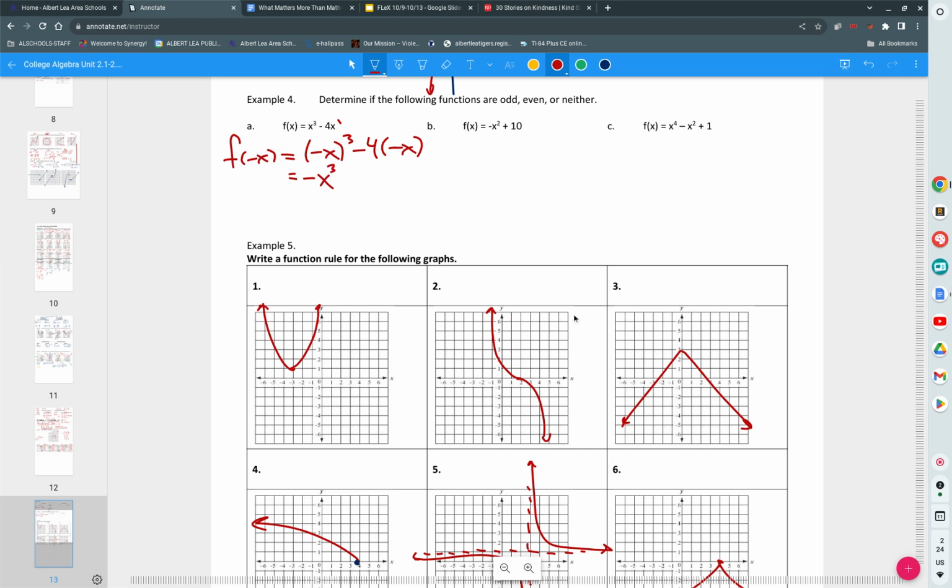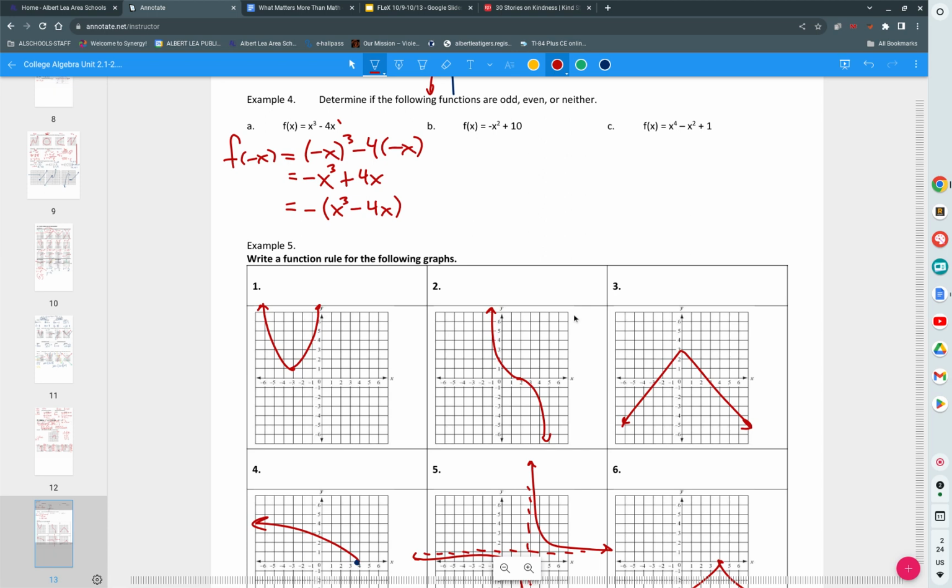Will that be plus 4x or minus 4x? Plus 4x. Is that the same as what we started with? It is not. Let us try factoring out a negative 1, and I get x cubed minus 4x. Is that the same as what I started with? Yes. Not the negative, but the x cubed minus 4x is the same as what I started with, right?